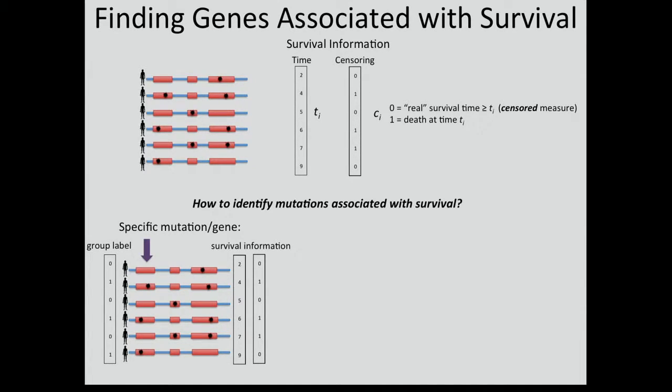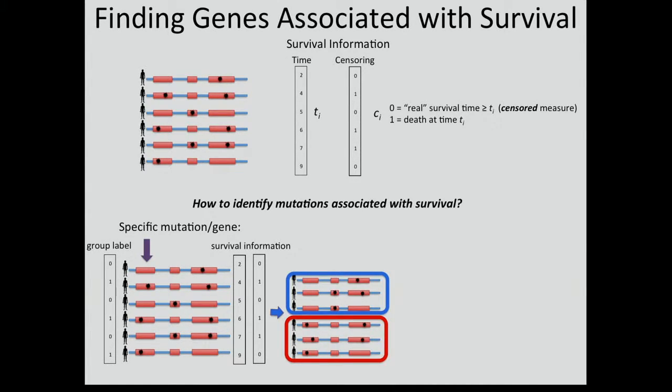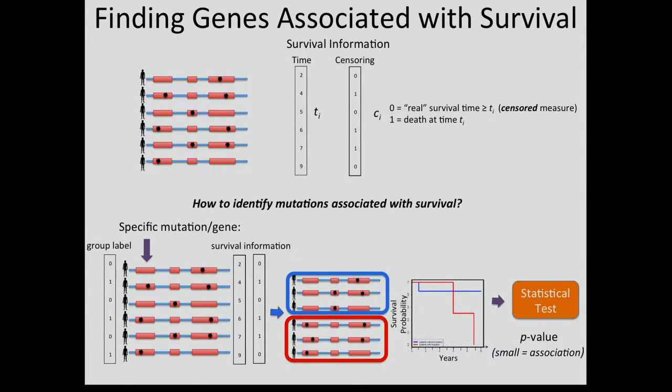I can represent this with a group label. This splits the patients into two groups, I compare the survival distributions that I can estimate quite easily, and then use a statistical test to obtain a p-value that is a measure of the difference in survival between the two populations. This essentially is a measure of the association of the mutation with survival.